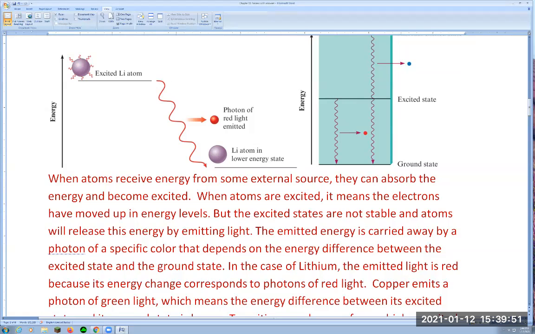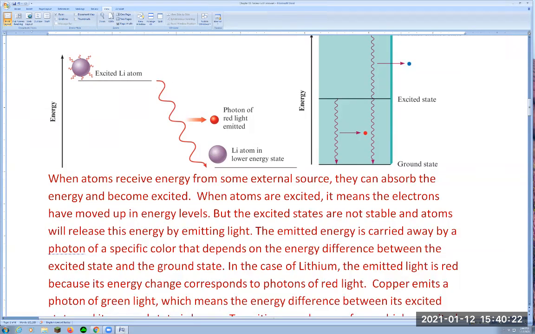So here on the left, we see this drawing where the energy goes up in the y-axis, and we have an excited lithium atom that is represented with the wavy red lines. That's an atom that is excited, which means electrons within the atom have moved up in the excited state of energy. But it's very unstable for an atom to be excited, and they will want to release that energy.